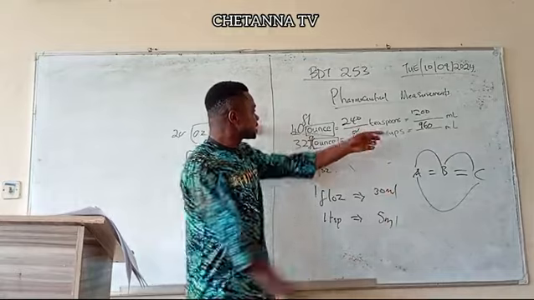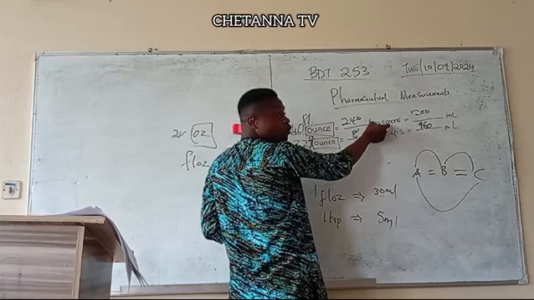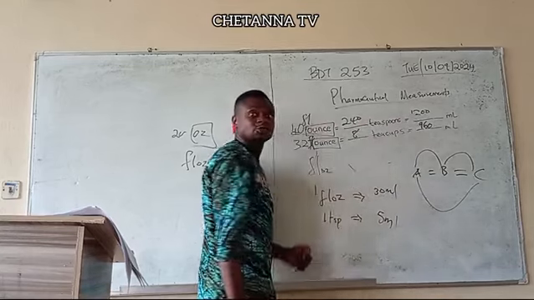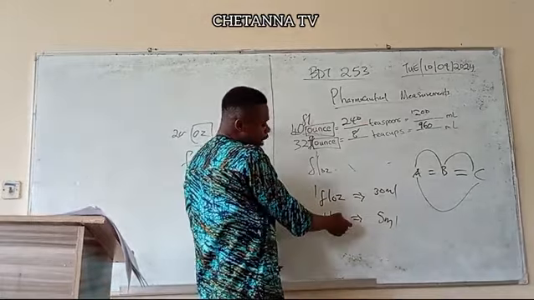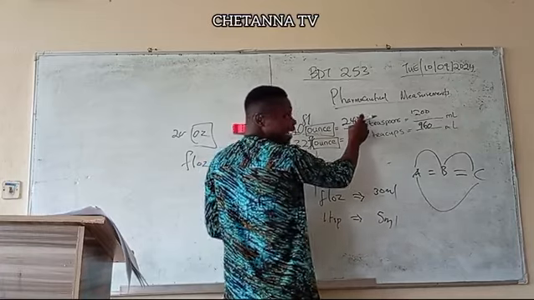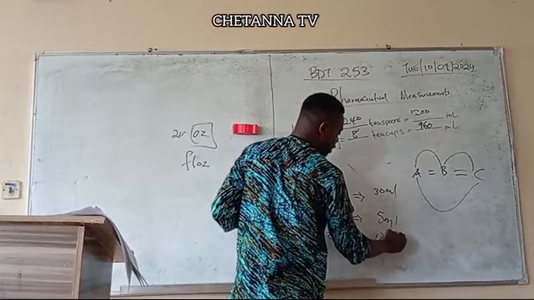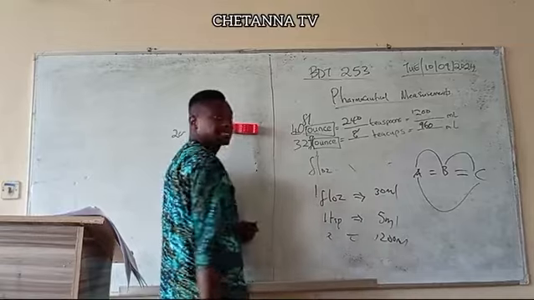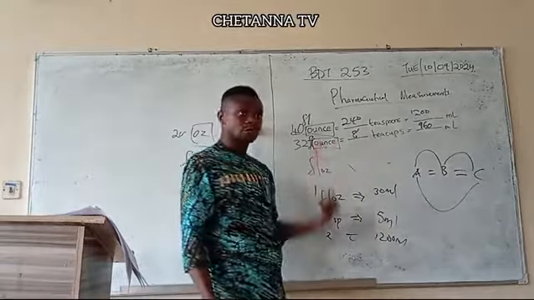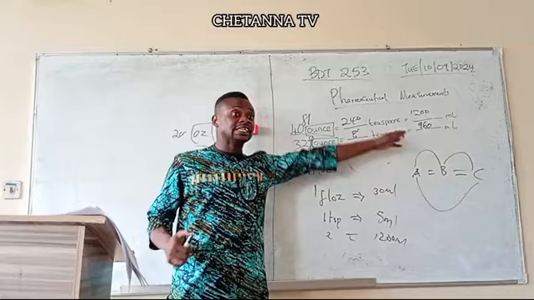We don't know how many teaspoons here, but whatever teaspoon here, X teaspoon is 1,200. So if 1 teaspoon is 5 mil, X should be equal to 1,200 mil. You find X, that means 1,200 divided by 5. You get 240.